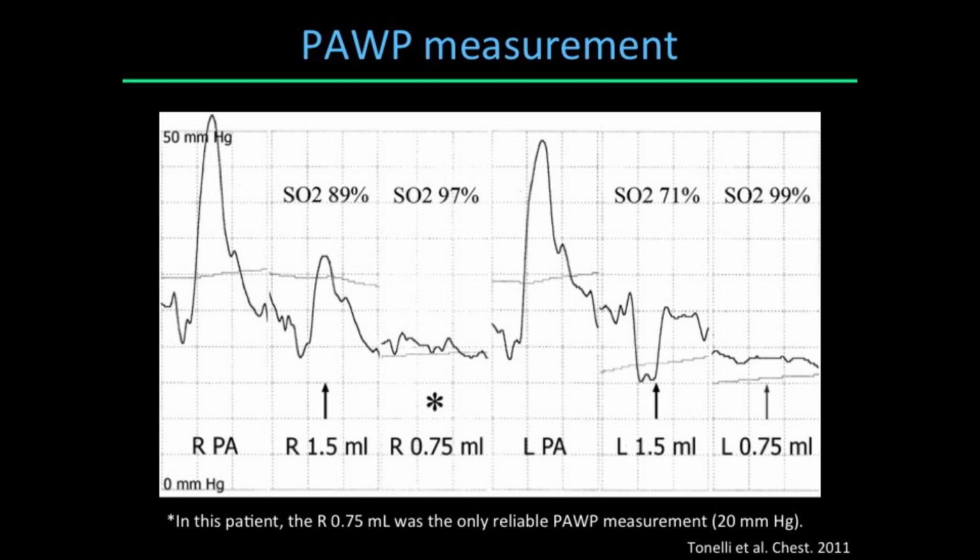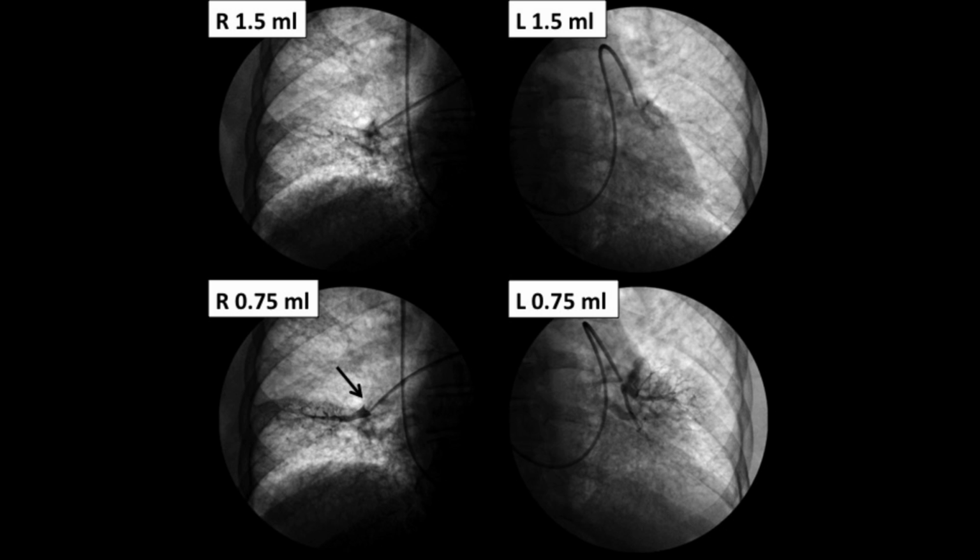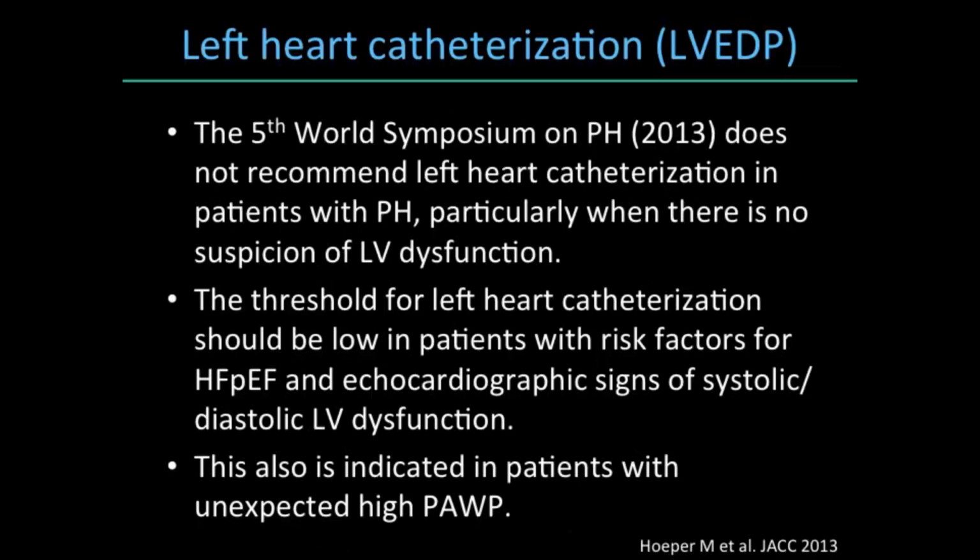This here is an incomplete wedge, as you see a mixture of the waveform from the pulmonary artery and the wedge position. Another case shows a good measurement here with half balloon inflation, and you see just a poor filling of the vessel because of these incomplete wedges on more proximal branches of the pulmonary tree.